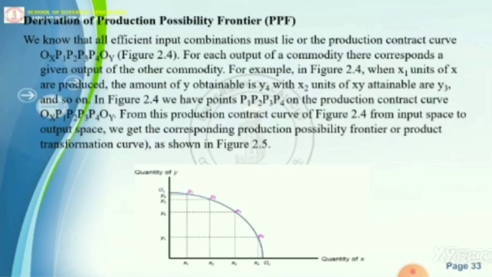We have points P1, P2, P3, P4 on the production contract curve, OX, P1, P2, P3, P4, OY. From this production contract curve of figure 2.4, from input space to output space, we get the corresponding production possibility frontier or product transformation curve as shown in 2.5.